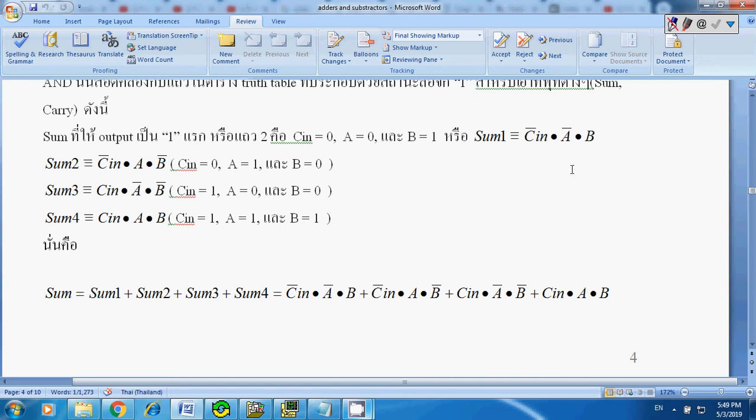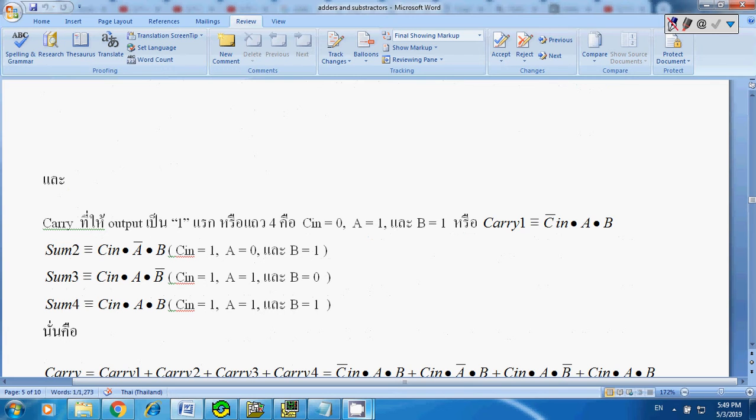But we're not going to do this one, because we want to minimize, if possible, this term instead of having 4 terms. Sometimes you can have fewer terms, so let's do that together.